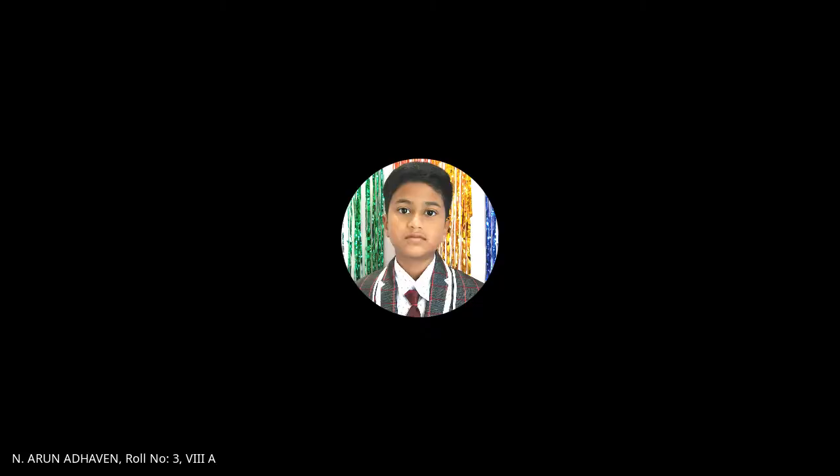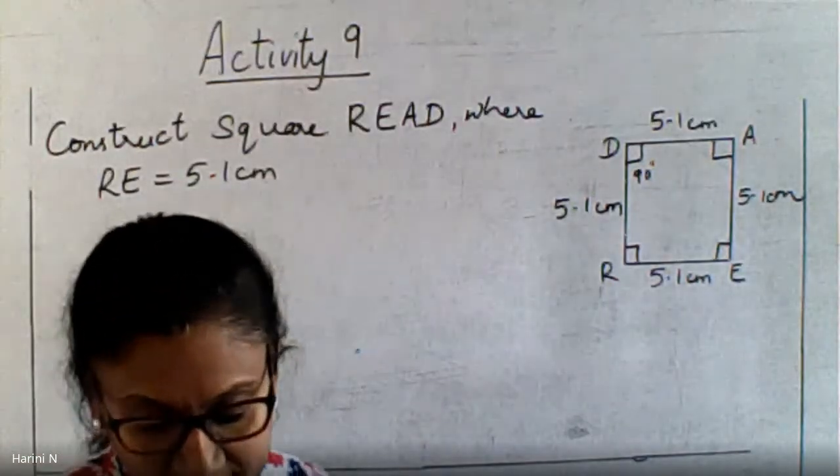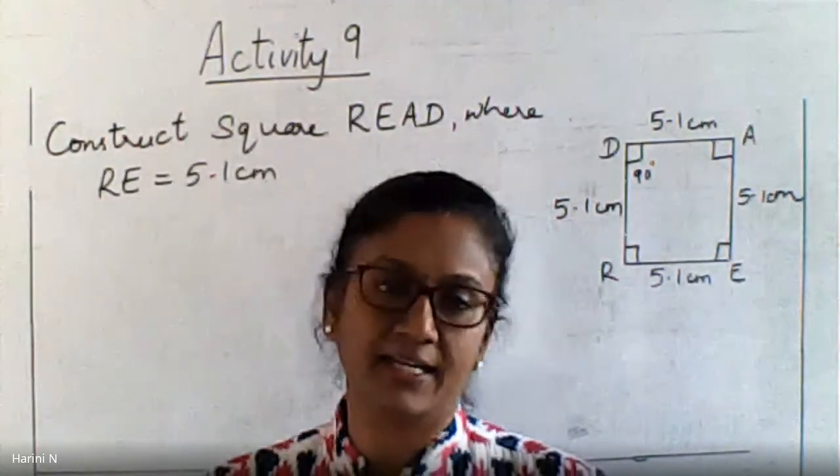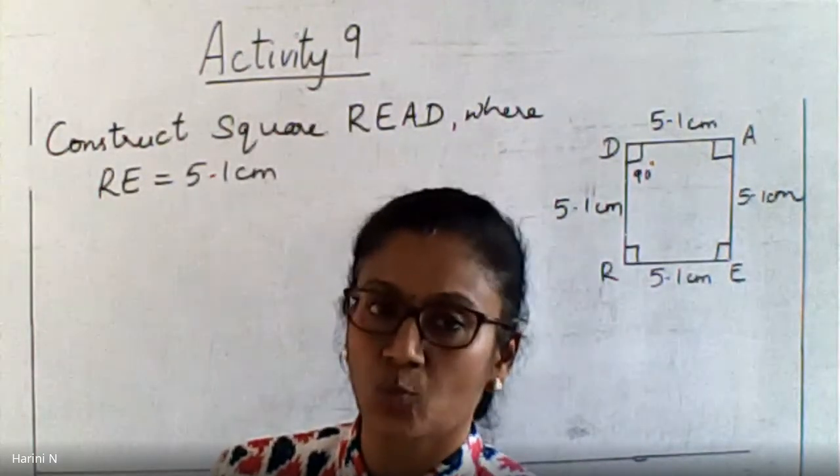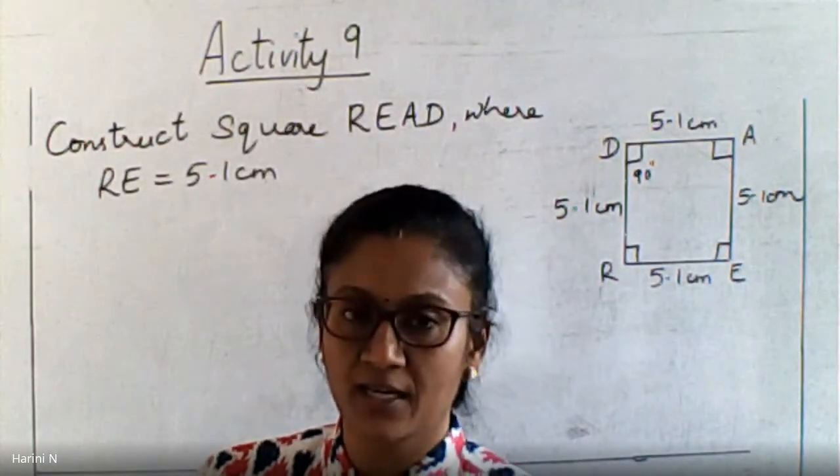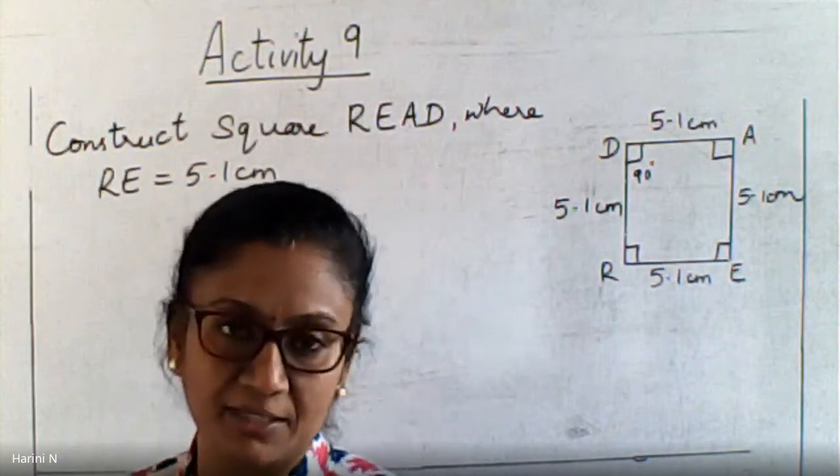So this is the question given to me. I have to construct a square READ whose edge or one of the sides is given to be 5.1 centimeters.